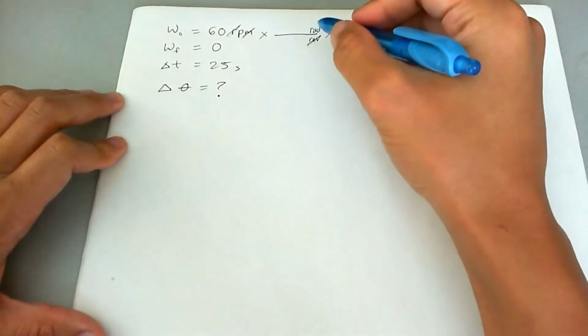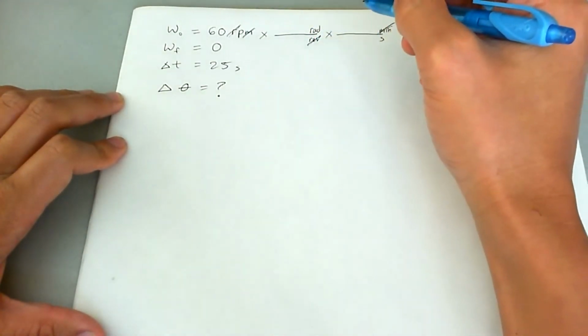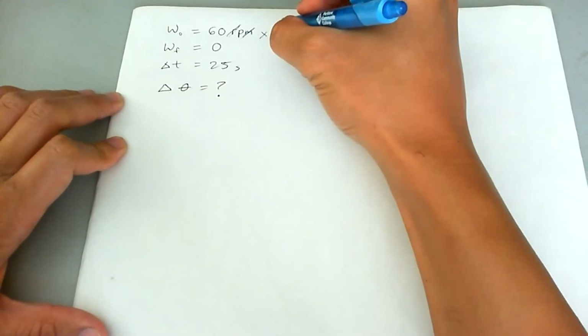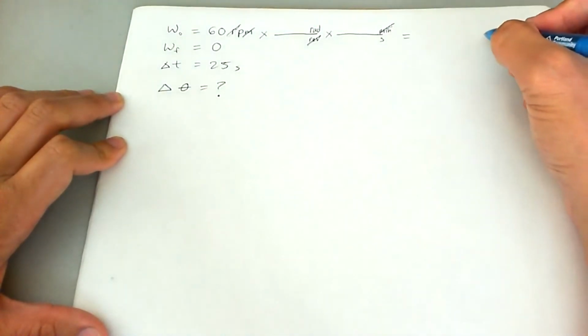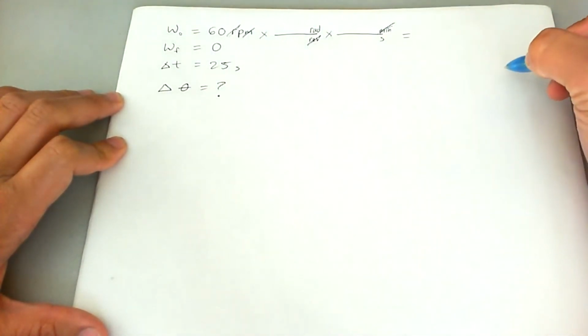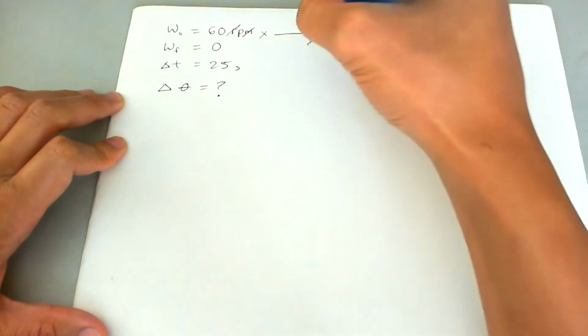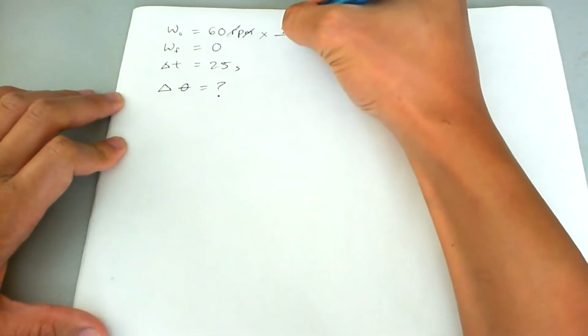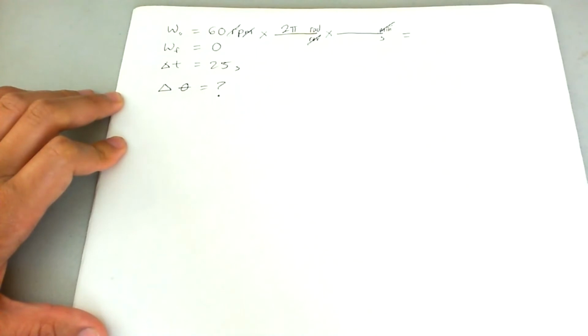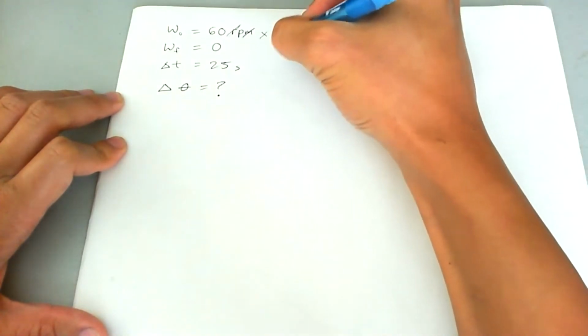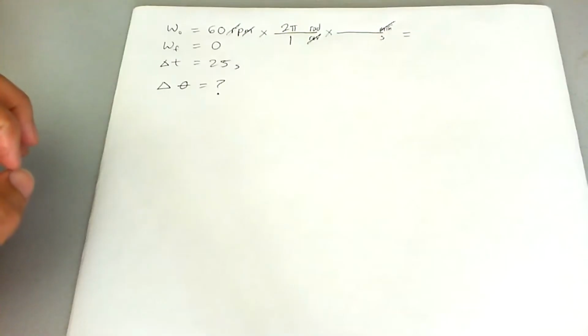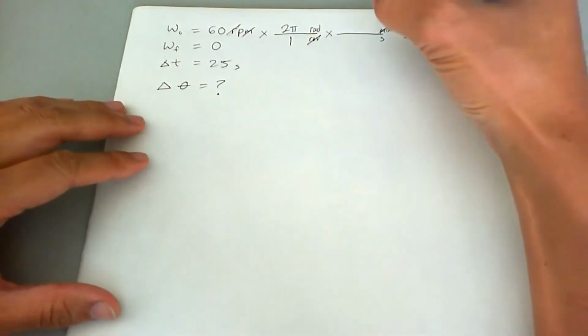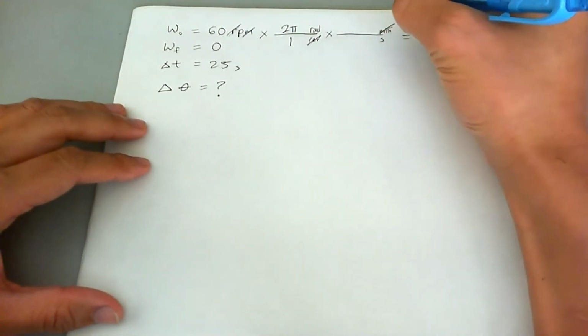Okay, let's go ahead and figure out what to plug in. How many radians per revolution? Well, in a circle, there are 2 pi radians per every turn around the circle. So that will be 2 pi radians per every 1 revolution. As for minutes per second, there are 1/60th of a minute per second.